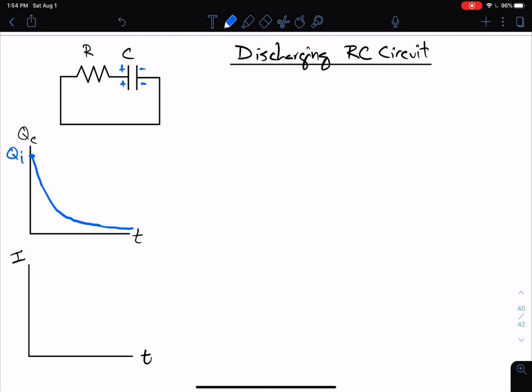Now let's look at this using the loop rule. So for the loop rule, I'm going to go counterclockwise. So that means my current, in this case, I'll draw my current this way. Now I'm going around like this. So I'm going from negative to positive.